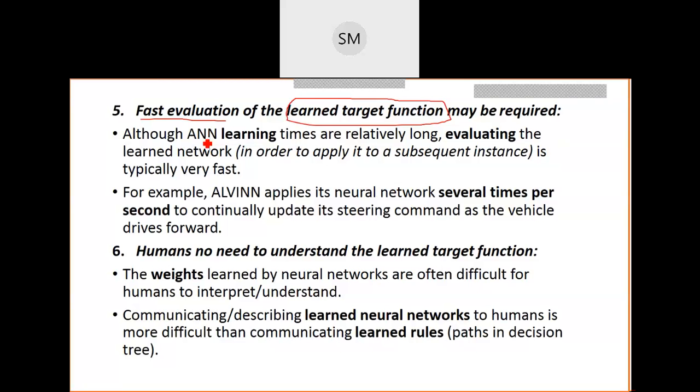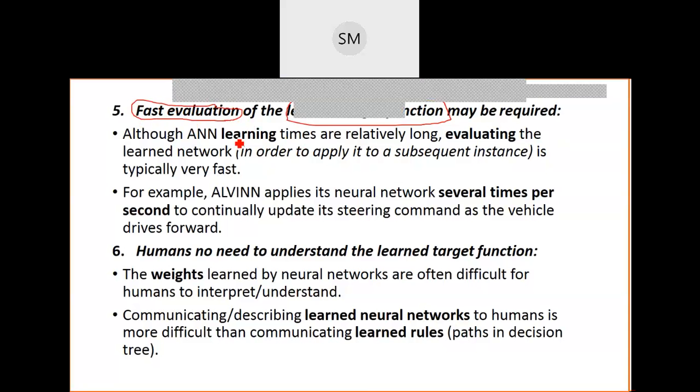Now, to evaluate whether it is properly classifying that training example or not, this evaluation time should be very, very small. That means it is a fast evaluation. Such problems are suitable for an artificial neural network.